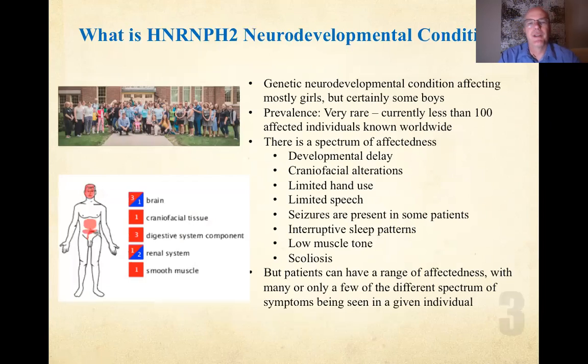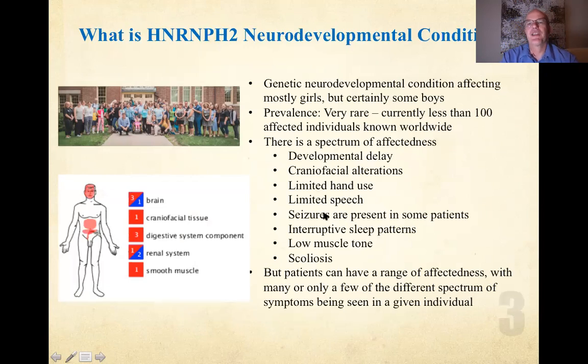As everyone is likely very well aware, HNRNPH2 mutations cause a neurodevelopmental condition. And as shown here, this condition can affect a number of different areas of the brain and body. It's associated with a spectrum of different affectedness: developmental delay, craniofacial alterations, limited hand use, limited speech.